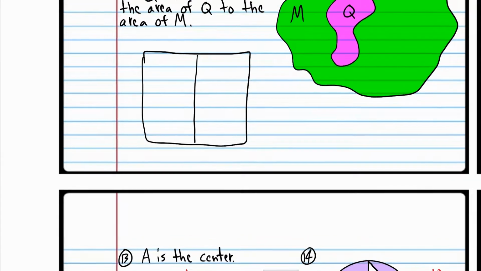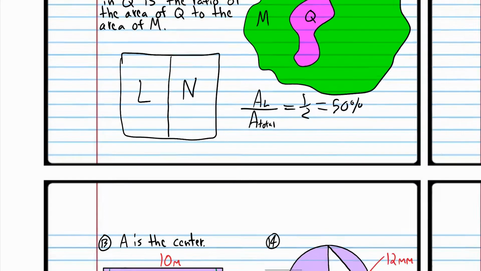So what you could do is take the area of the bottom of this part, we'll call this area L, and we'll call this area N. The area of L divided by the total area is going to be 1/2, or 50%. And so that's how this works.